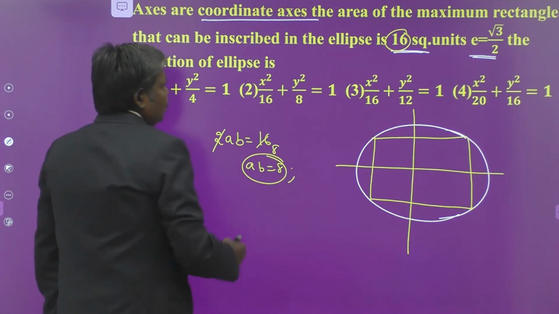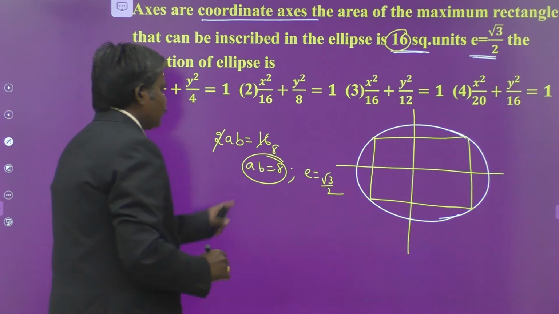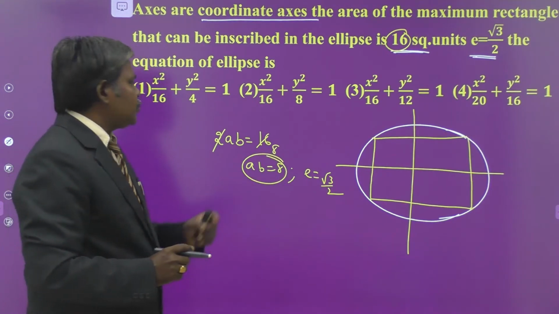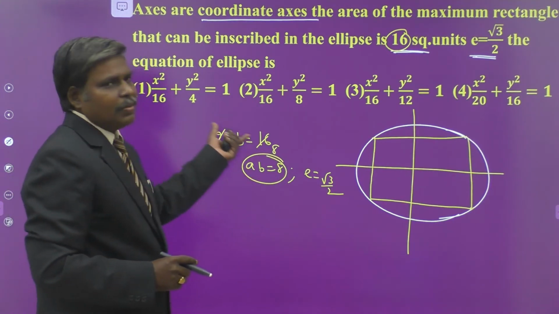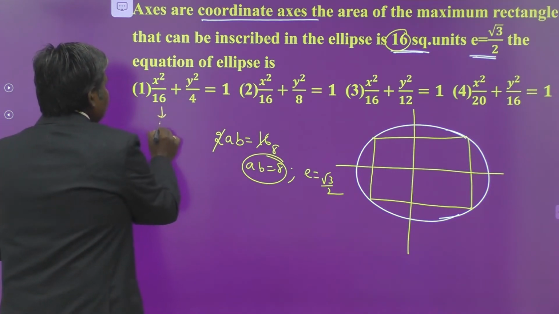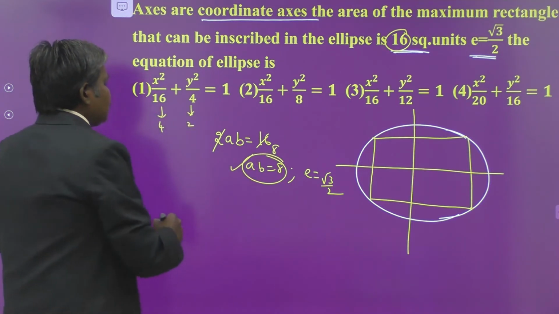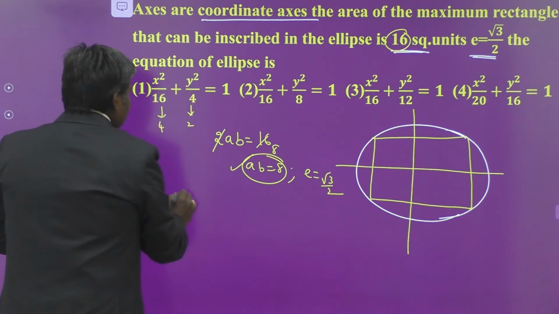This is one condition, and eccentricity equal to root 3 by 2 is the other condition. By using these two concepts you can directly solve this problem, or you can verify. What is a here? Here a is 4 and b is 2. 4 twos are 8, so the first condition is satisfied. What is the eccentricity for this first option?